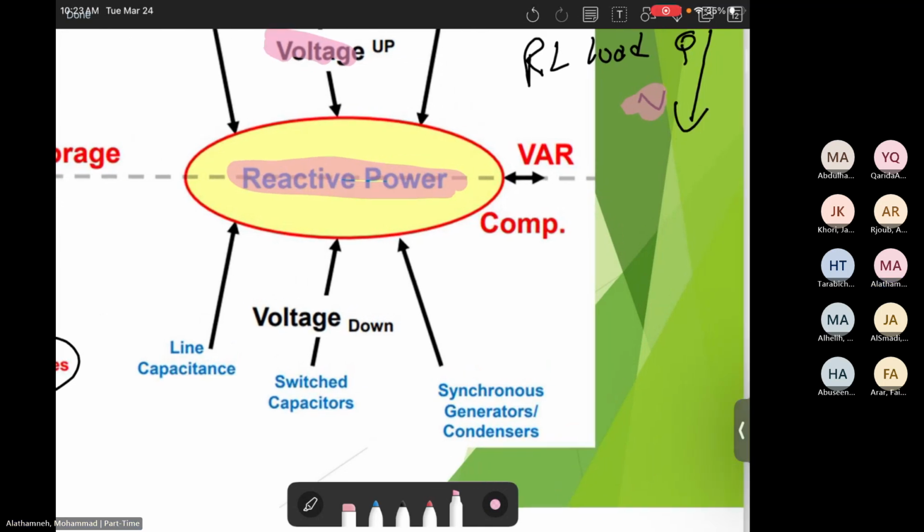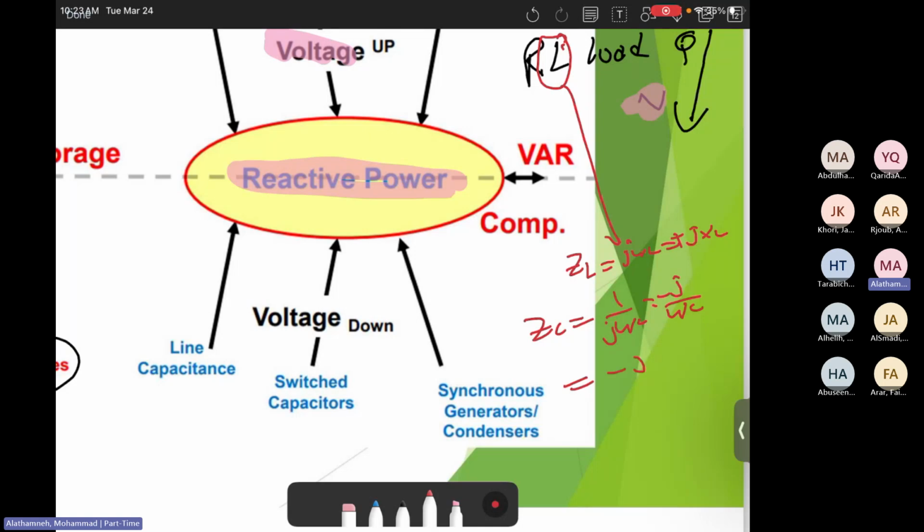Okay, so why are we using the capacitor? As I said, the vast majority of our loads are inductive. As we know, the impedance of the inductor is jωL, or in other words, jXL, which is positive. However, the capacitor is 1 over jωC, which is negative j divided by ωC, or in other words, negative j times XC.